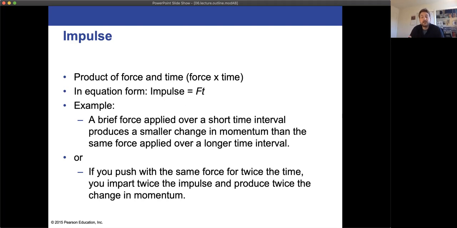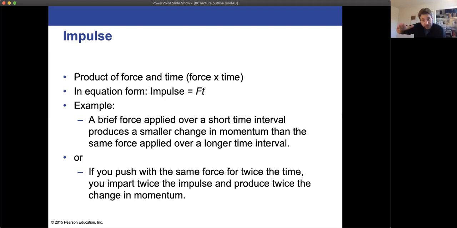A force applied for only a small interval of time produces a smaller change in the motion, in the momentum, than the same force applied for longer. Like if we have a rocket engine or a car and we slam our foot on the gas for 1 second, we're going to speed up.